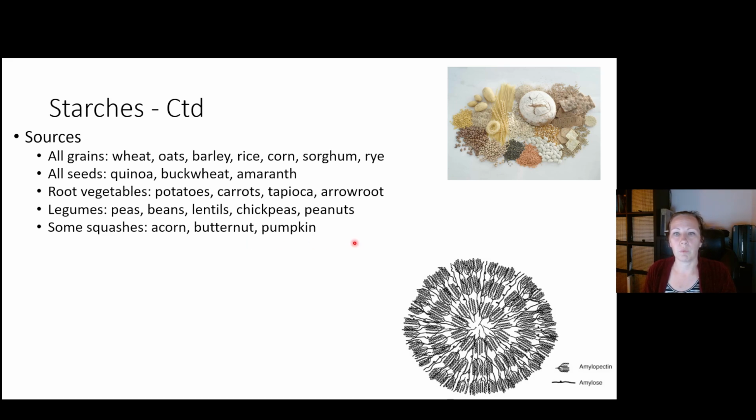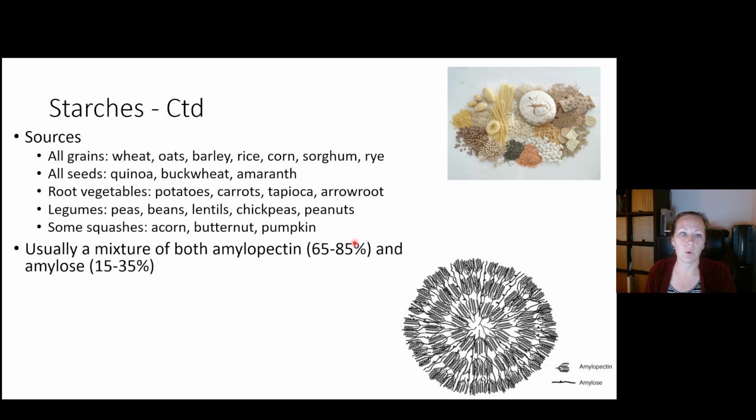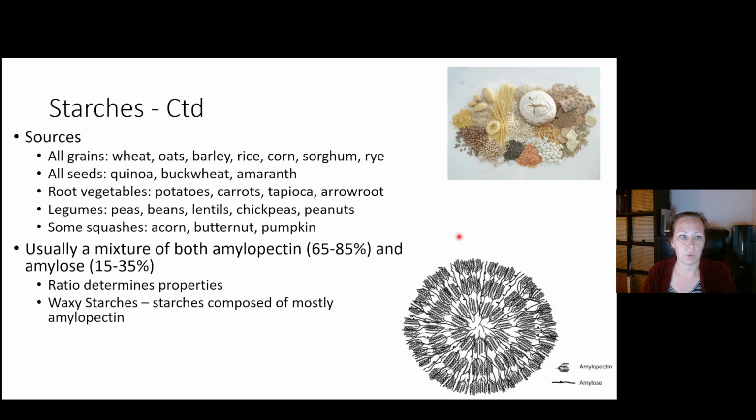Usually when we find these sources of starch naturally, the starch is going to be a mixture of amylopectin, which is usually between 65 and 85%, and the amylose form of starch, which is typically going to be in smaller quantities. But the ratio that we find is going to determine what kind of properties that particular starch has, because the two do behave differently as far as functionality in foods.